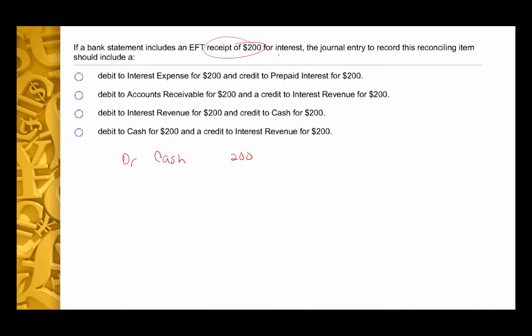And it is telling us this is for interest that we are receiving. Therefore, our credit is going to be interest revenue for $200. So hopefully you came up with the last choice, debit to cash for $200 and a credit to interest revenue for $200.